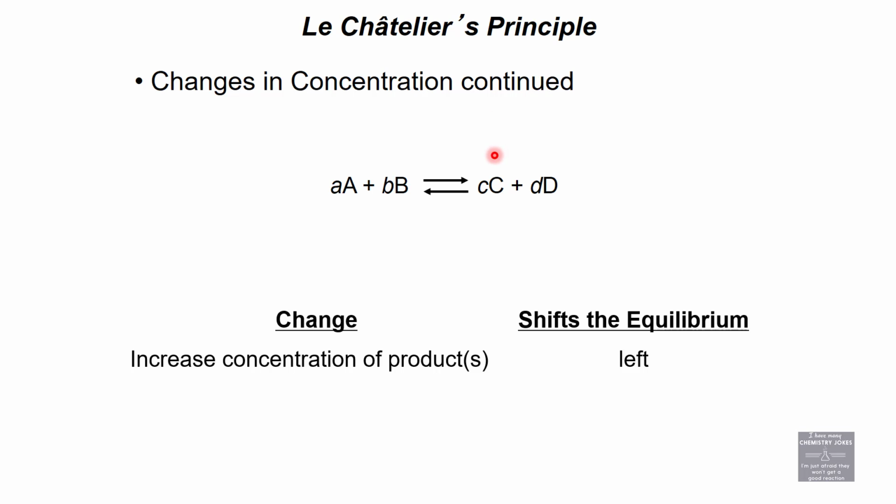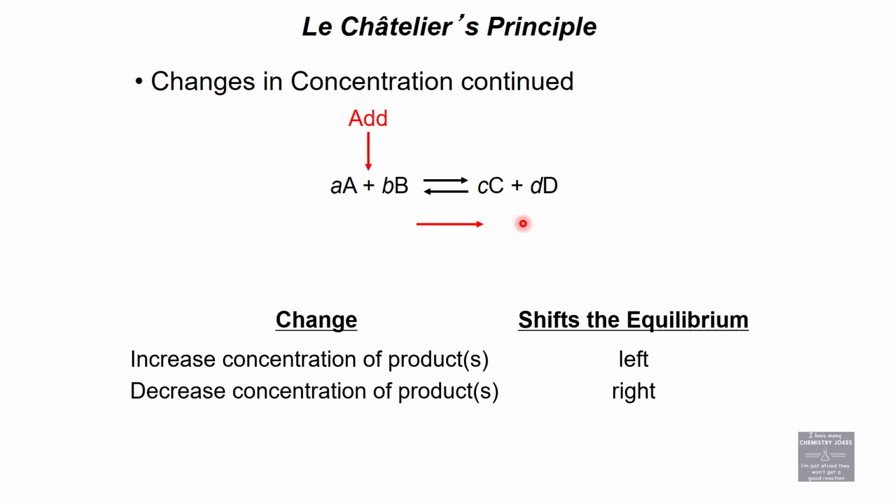If I stress equilibrium by removing some of my products, that means there's not as much product as there should be to make Q, the reaction quotient, the size that it should be, so the system responds by shifting right to create more products. You take away products, you got to create more of what you just removed.